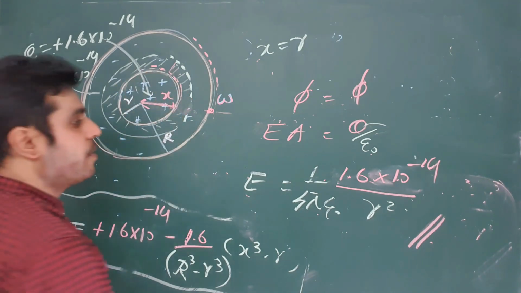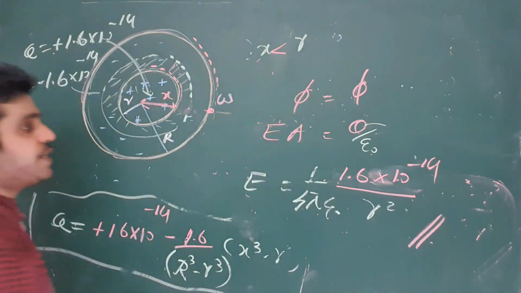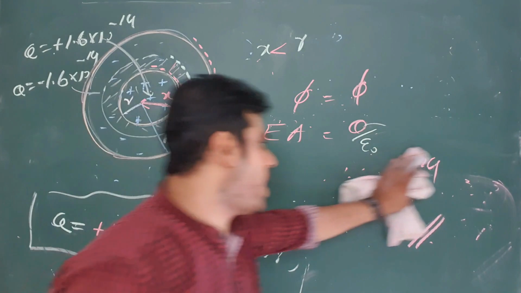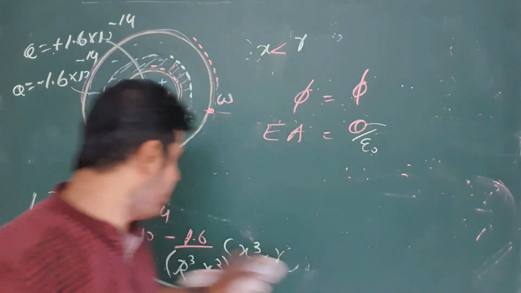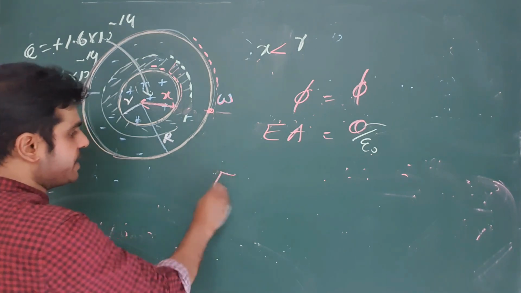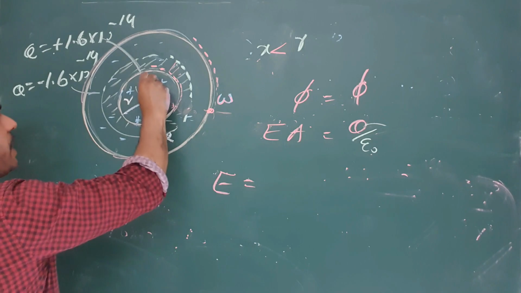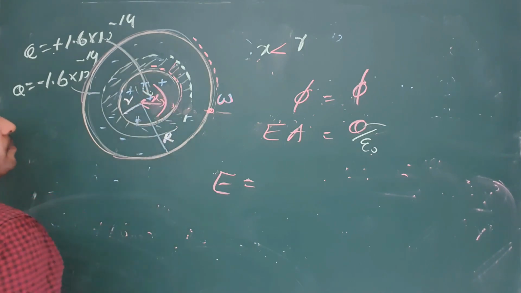Last part, that is x less than r, it is very easy to find. First of all, you have to find the charge per unit volume, then multiply by the necessary volume. So E is given by, now the Gauss surface radius is x.